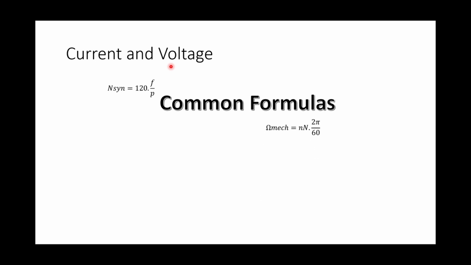Mechanical speed is N times 2 pi by 60. Electrical power is root 3 V I cos phi. This is a very important part: the active part is nominal current into cos phi, and the reactive part is nominal current into sin phi. So if you know your power factor, we can calculate how much your magnetization current would be.